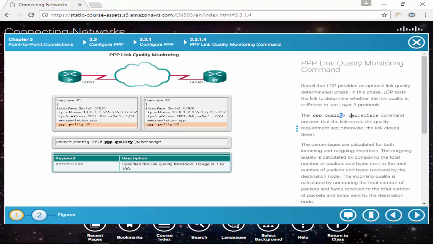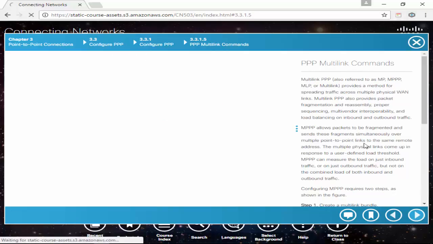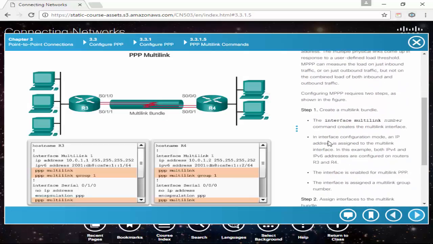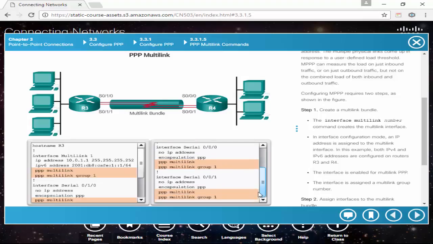PPP quality, we put in a percentage. This percentage means that if we aren't getting 80% of our bandwidth, it'll take the link down. Our multi-link, alright, we make a virtual interface, multi-link, and a number, right? PPP multi-link, PPP multi-link group 1.